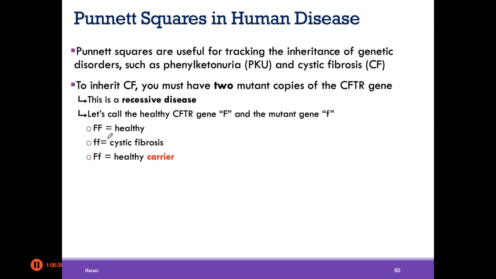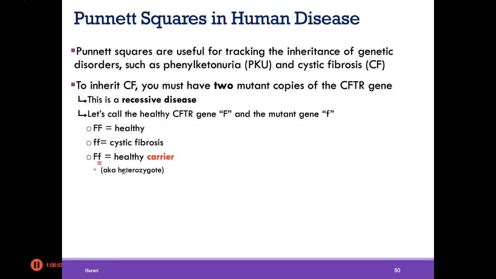However, if you're a heterozygote, big F, little f, we call them healthy carriers. They're healthy because even one copy of the CFTR gene is enough to not give them cystic fibrosis, but they still carry that mutant cystic fibrosis allele. They're a carrier. So this comes into play when we look at two carriers, that means there's a chance that they have a child that will have cystic fibrosis.